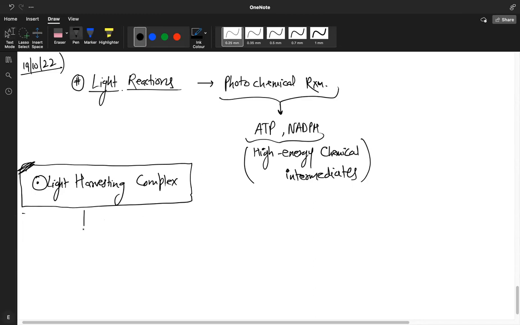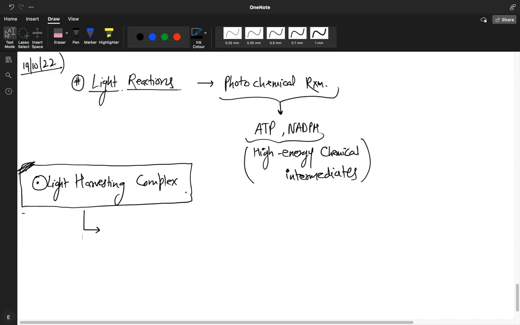So in the light harvesting complex, there are something called photosystems. There is photosystem 1 and there is photosystem 2. Now one thing I want you to remember is these are not named in the sequence of their functionality in the plant.